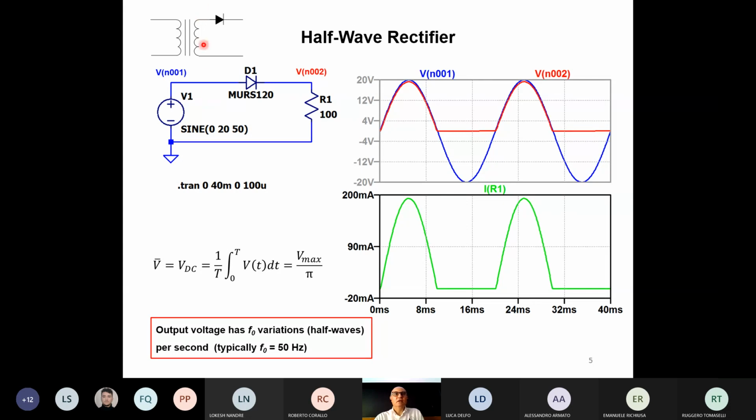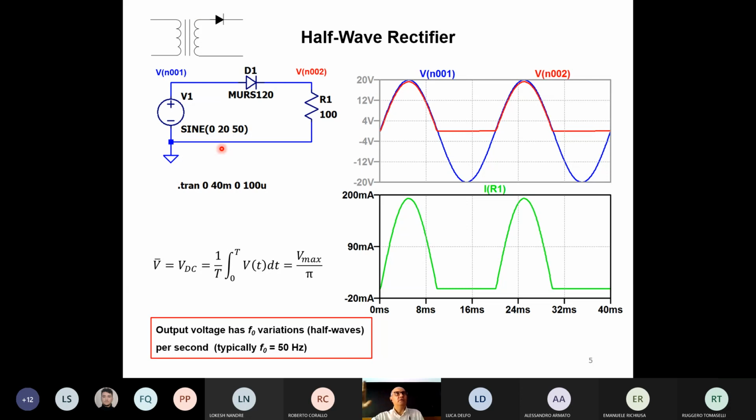If, for instance, I had a particular reduction ratio between the input and the output, I suppose that at the secondary I have 20 volts, 50 hertz, and 0 is the starting time. So let's suppose that we have a secondary voltage of 20 volts.